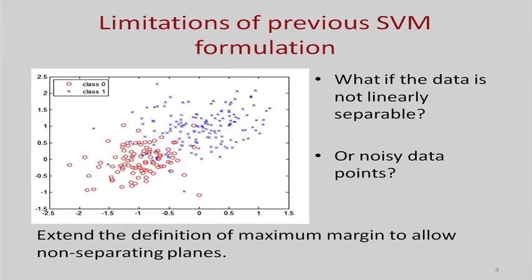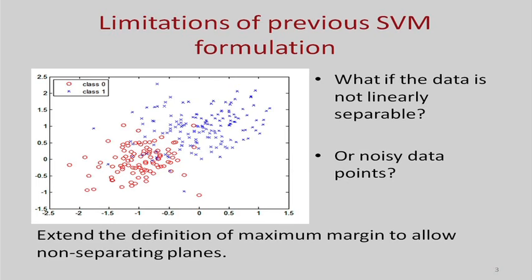If you look at this slide, we see that we have two classes, blue and red, and this data cannot be linearly separable. There could be a non-linear decision surface which separates the data, or in this case, it may be that the data points are noisy so that there is no clear separation of the points.